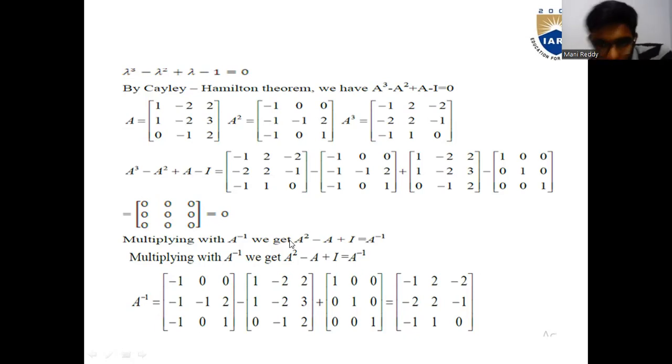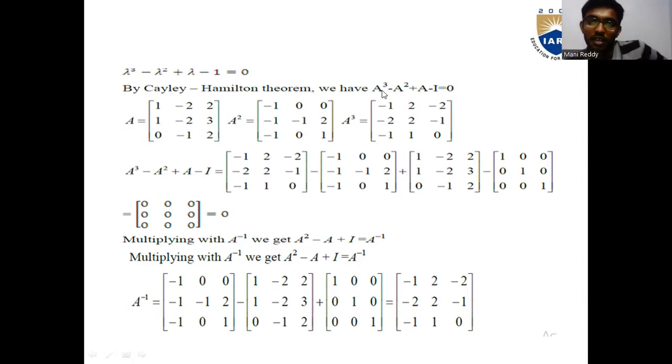Now multiply the equation with A inverse, and we get A square minus A plus I equal to A inverse. How do we get this? Multiply with A inverse on both sides. A cube into A inverse, minus A square into A inverse, plus A into A inverse, minus I equals 0 into A inverse, which is 0. A cube into A inverse gives A square.